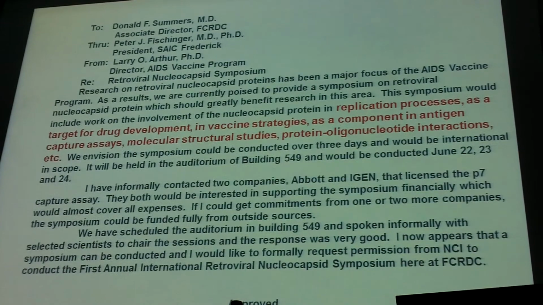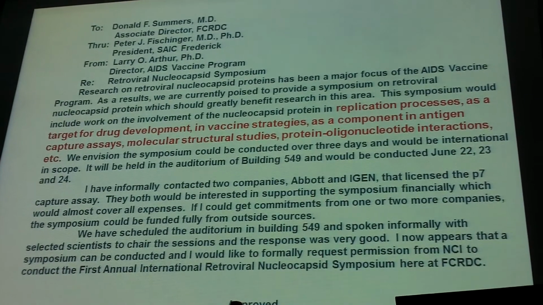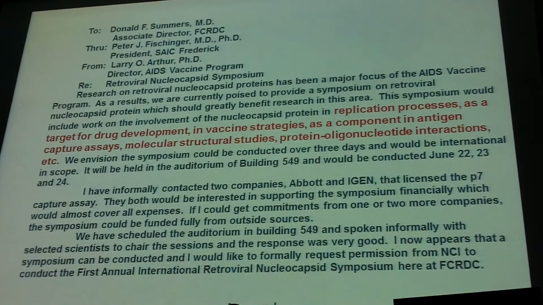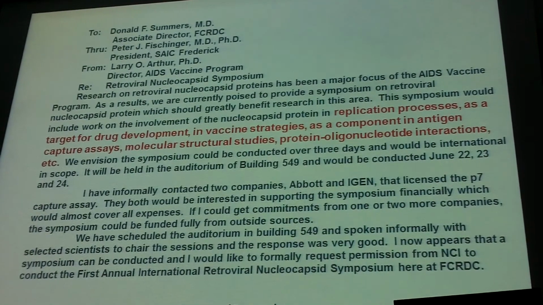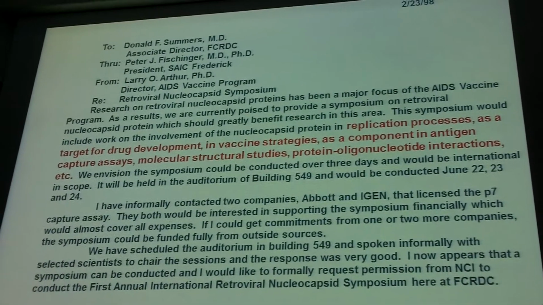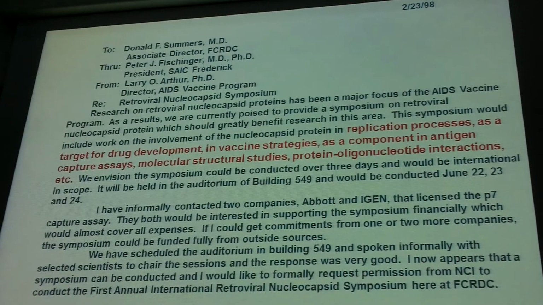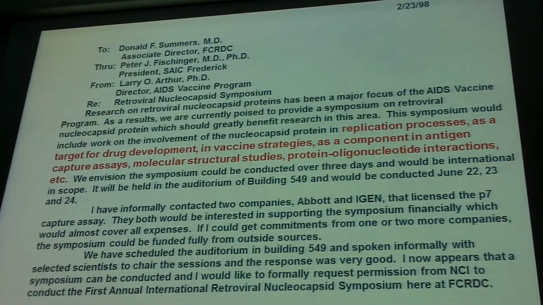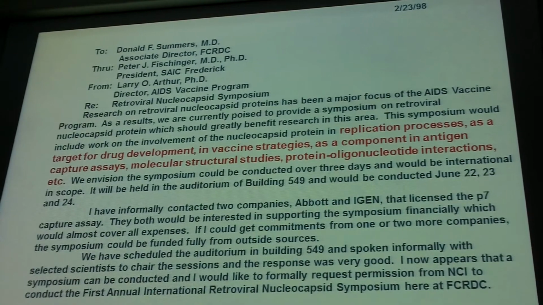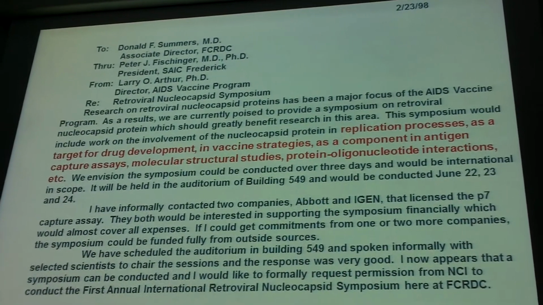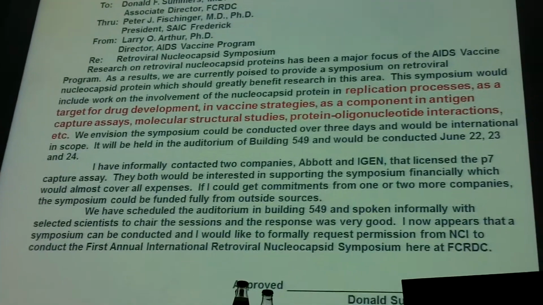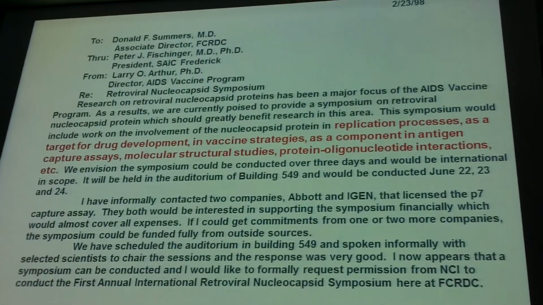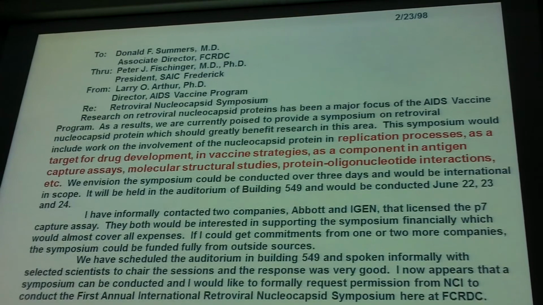So another thing on the memo I'd like to point out is that I had mentioned I had contacted two companies, Abbott and iGen. They had licensed our P7 capture assay, and they provided financing for it. The P7 capture assay was set up because, if you've been in the HIV field for a long time, you'll know that originally the way that HIV was measured was through a P24 capture assay.